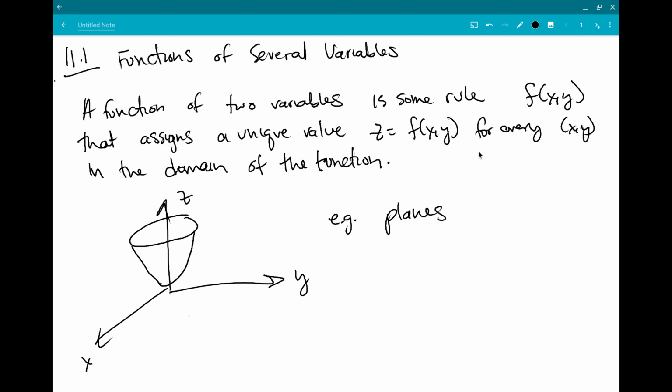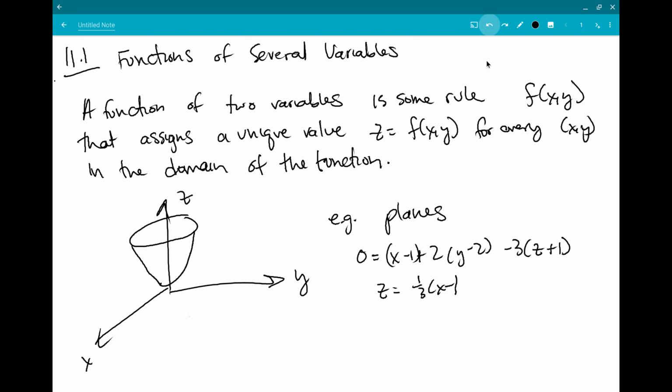And you've been working a lot with functions of several variables, we just haven't called them that. But when we learned about planes, we had like 0 equals x minus 1 plus 2 times y minus 2 minus 3 times z plus 1, I guess. And you could always rewrite that as z equal to 1/3 x minus 1.